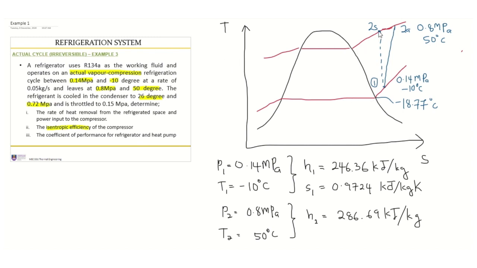So this region is actually the condenser, until 26 degrees and 0.72 megapascal. So state number 3 is actually somewhere here, the same as this one. So we're going to analyze the saturation line. So where does state number 3 fall? Either on top of the saturation line or not.